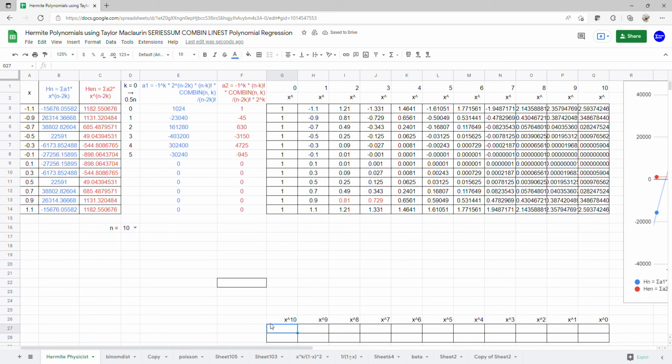And the LINEST function, data y, that is the physicist Hermite polynomial, and data x. Next, the coefficient for the probabilist Hermite polynomial, LINEST, data y, and data x.